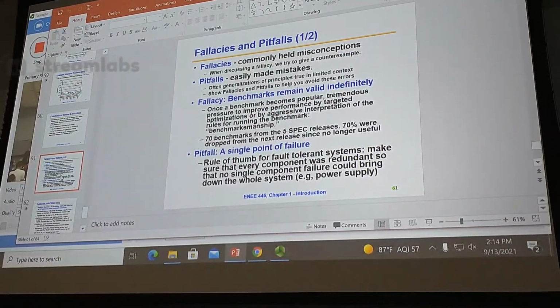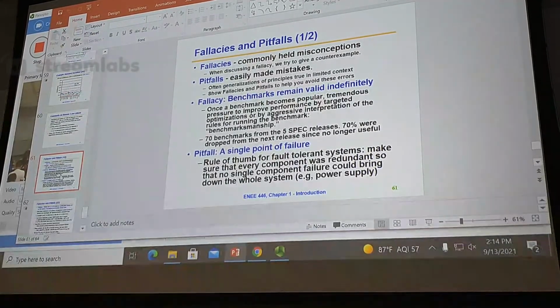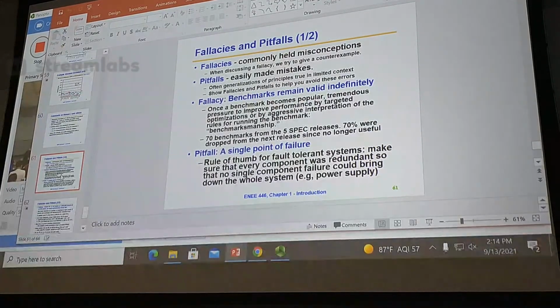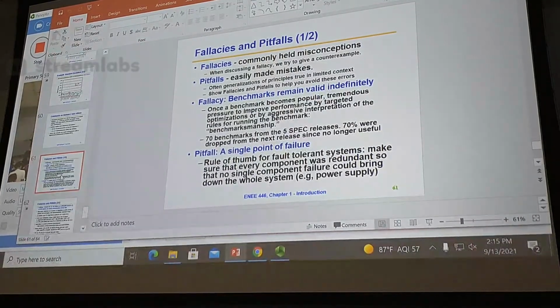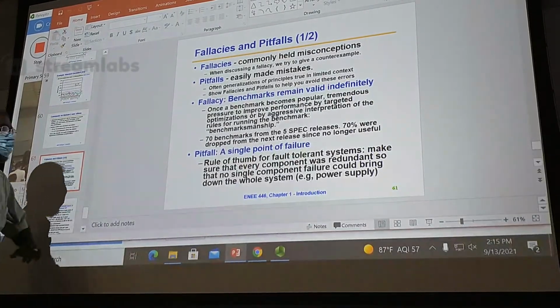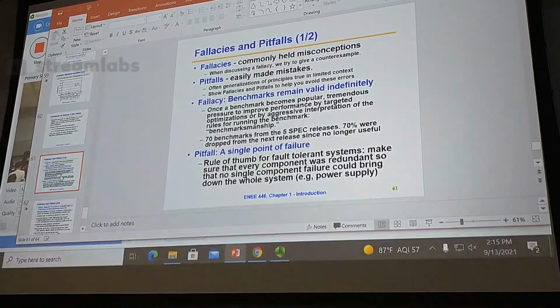So we can expect the next release to have maybe at least 1 or 2 machine learning type programs, etc. So depending on what people are using, that's what SPEC and other committees decide on having as benchmark. Then pitfall is an easily made mistake.